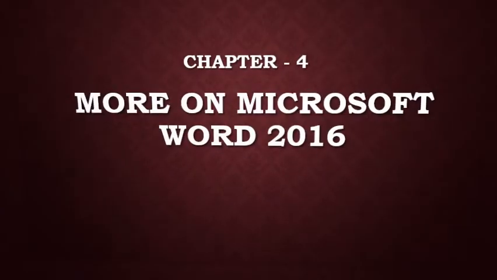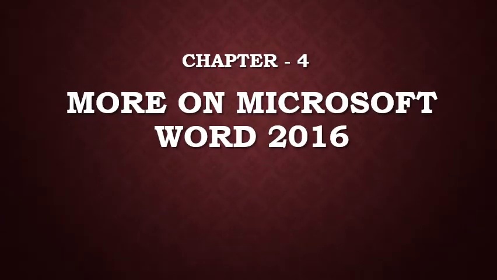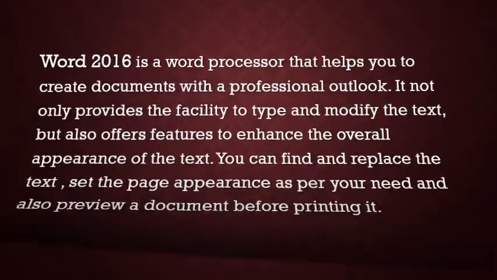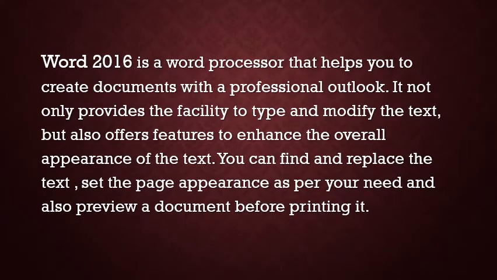Students, today we are going to discuss a new chapter, Chapter 4, More on Microsoft Word 2016, Part 1. Word 2016 is a word processor that helps you to create documents with a professional outlook.